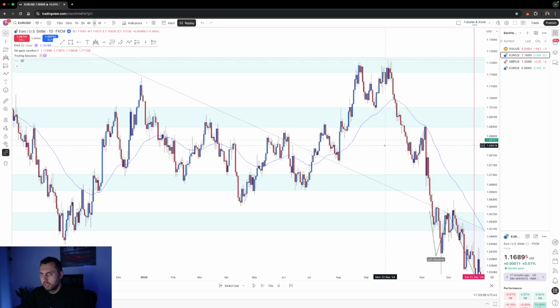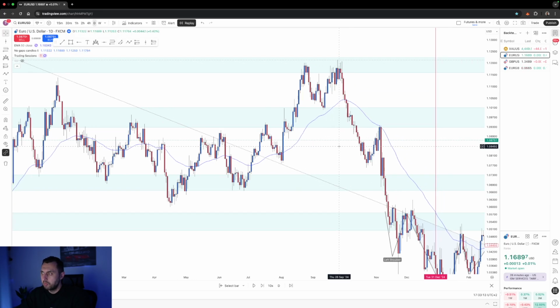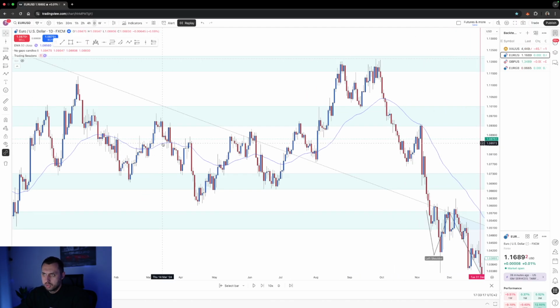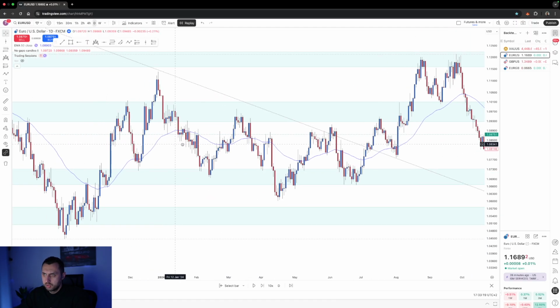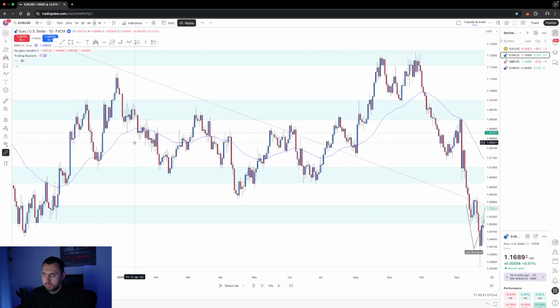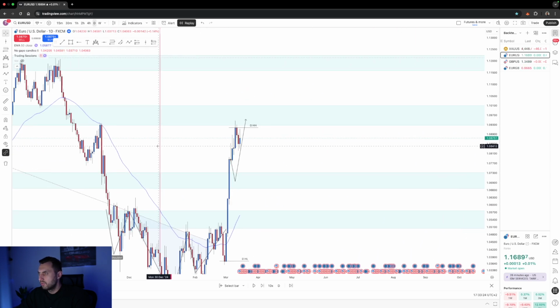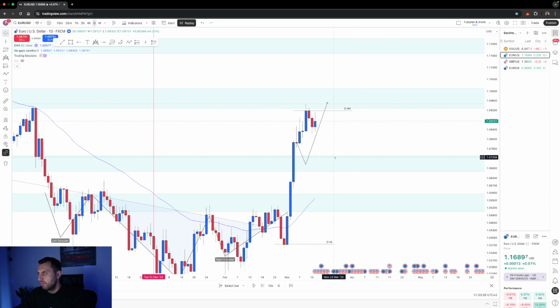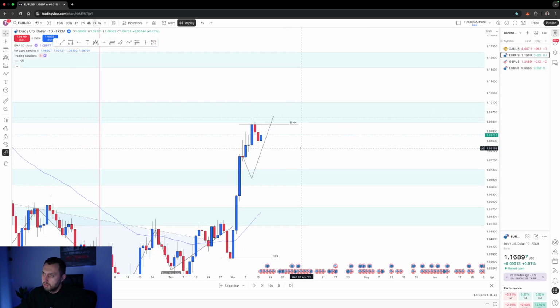Always look back and see what happened in this zone. So the price was so aggressive, pushing up. I don't think it will move down until here and then move up, but let's see.